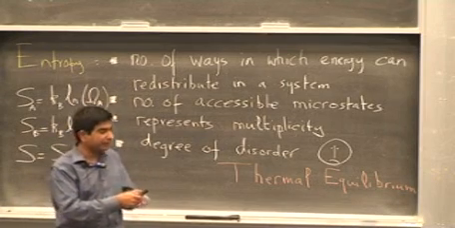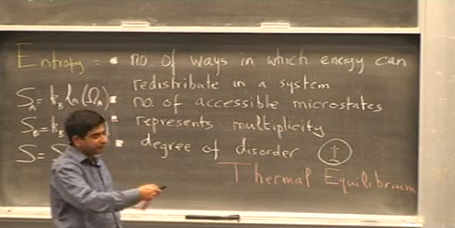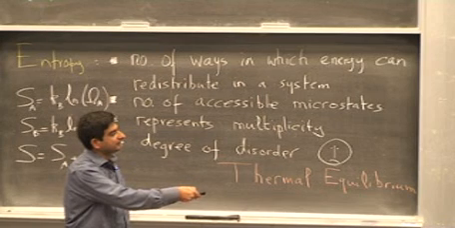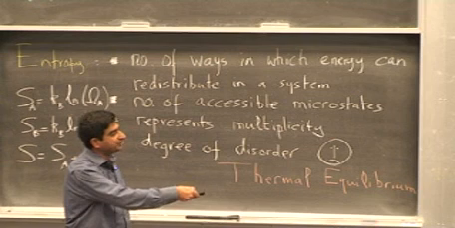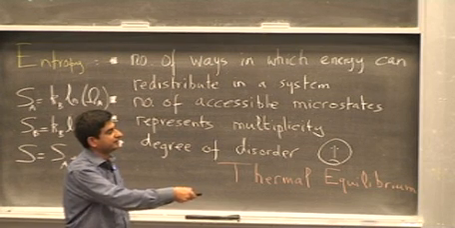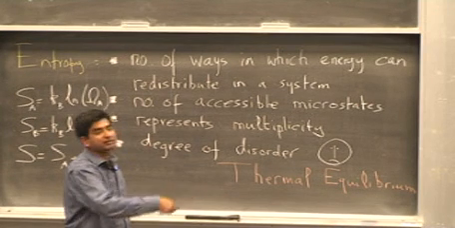So when you're far from equilibrium, when you're very far away from equilibrium, suppose you start with object A has 20 quanta and object B has 80 quanta.